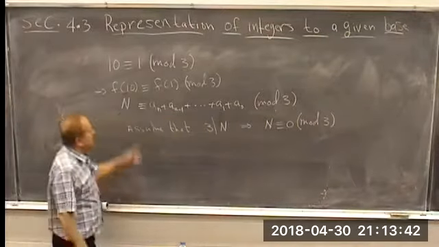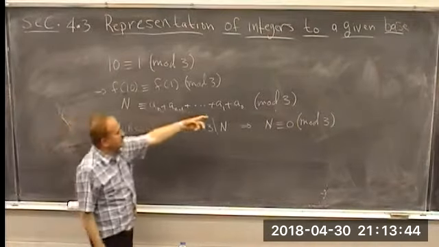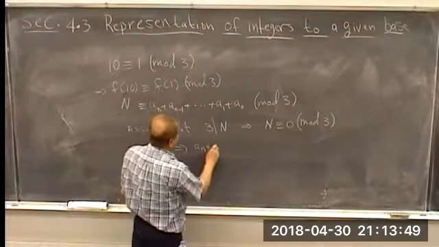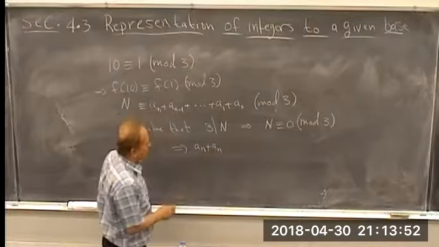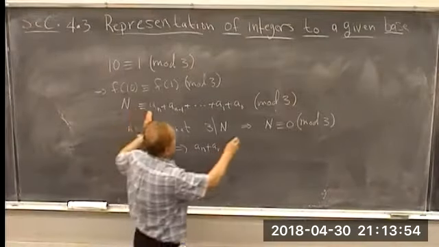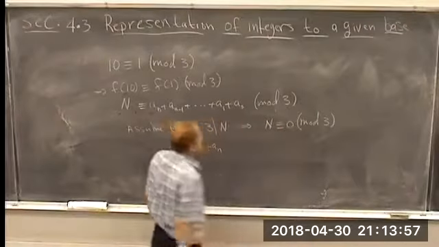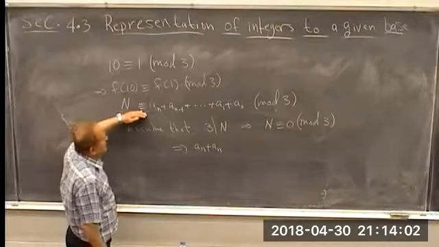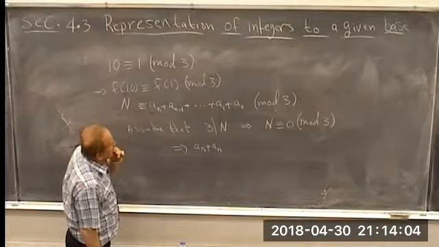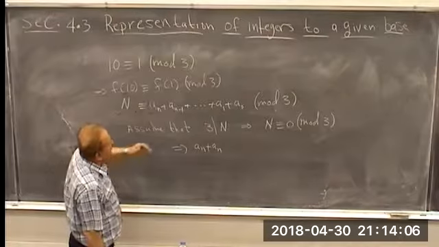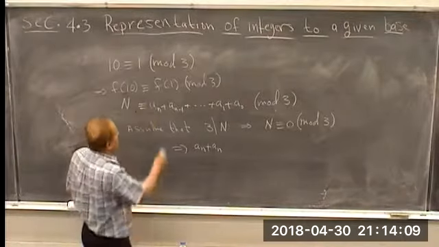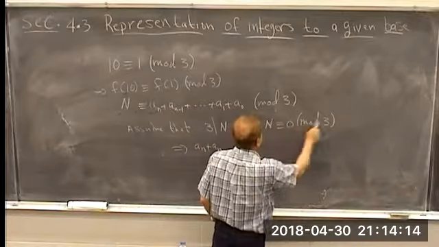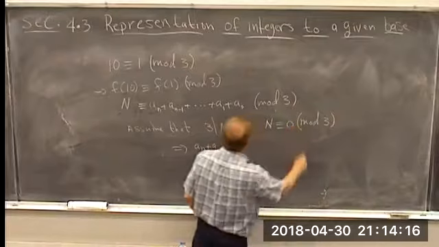But since n is congruent to the sum of the digits mod 3, by the transitive property, that means that the remainder when we divide n by 3 is going to be 0.